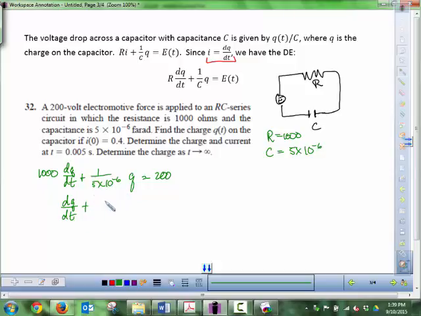Divide this out, we get 1 over 5 times 10 to the negative 3 or negative 9? Negative 9. Q is equal to, and now we have to divide this by 1,000. So that's 2/10, right? 1/5.